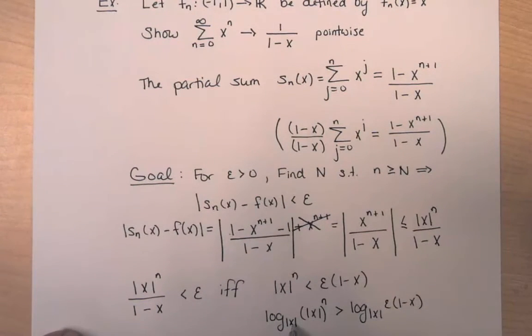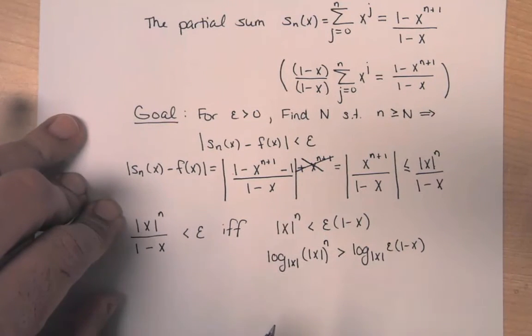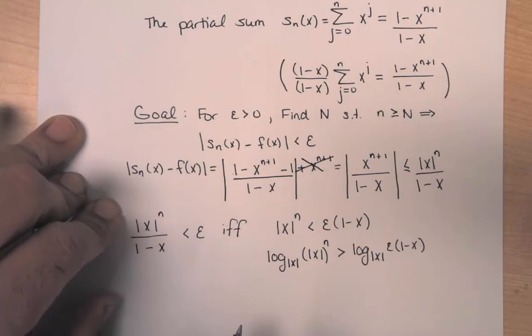Now you might be wondering, wait a second, why can I say x is strictly between 0 and 1? We understand why the absolute value of x is strictly less than 1, but can't the absolute value of x be 0? Well, of course it could, but for x equals 0, we essentially have the sum of 0 to the n from 0 to infinity. And we're defining 0 to the 0 to be 1. So of course we get that is equal to 1 divided by 1 minus 0.